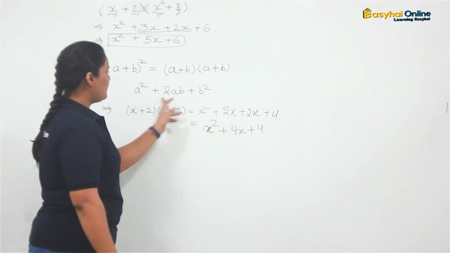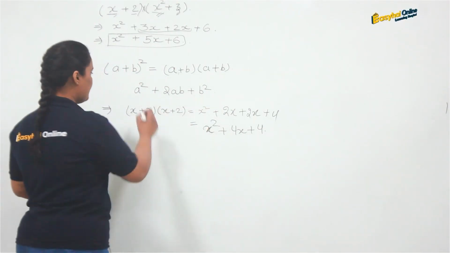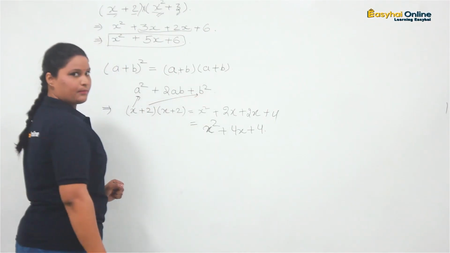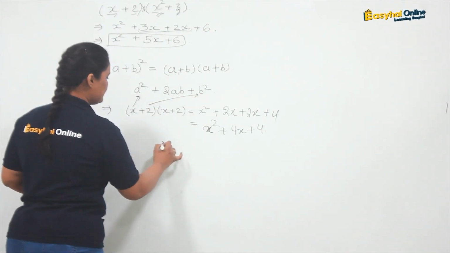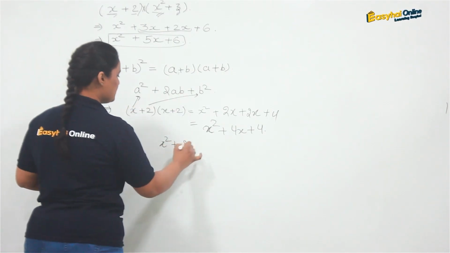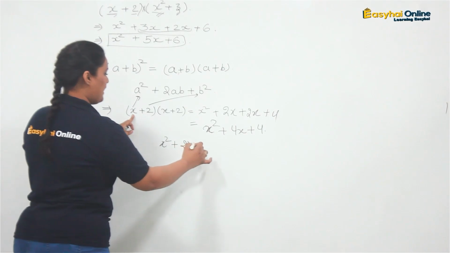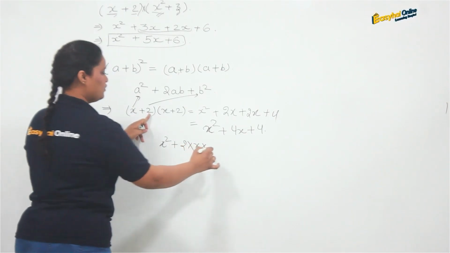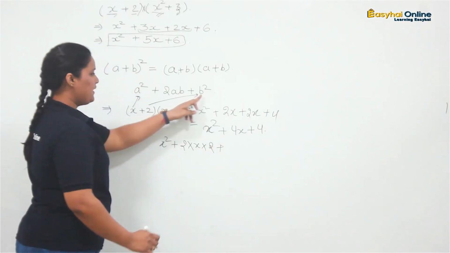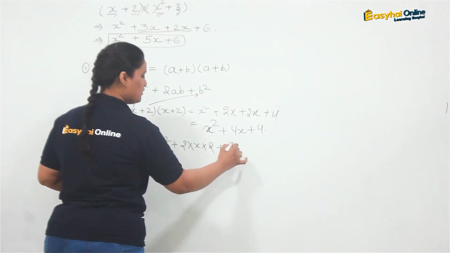Now when we apply the formula, x is a and 2 is b. Now a square plus 2ab means x square plus 2 into x into 2, plus b square means 2 square.